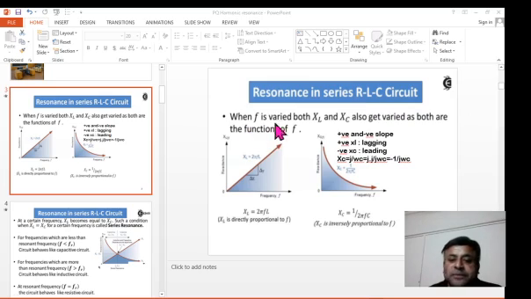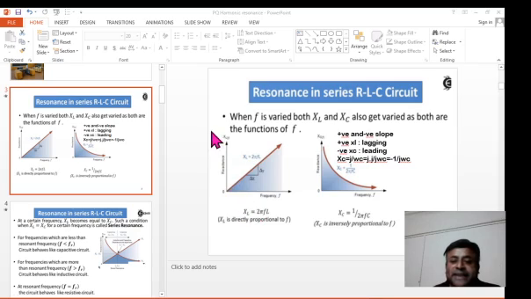Considering XL, the inductive reactance, XL we know is 2 pi f L, or simply omega L. If I plot frequency versus reactance, I will get a straight line, because X equal to 2 pi f L, or omega L, is linear.